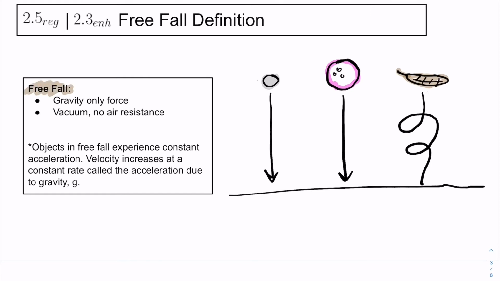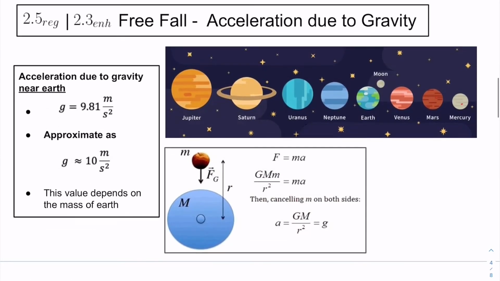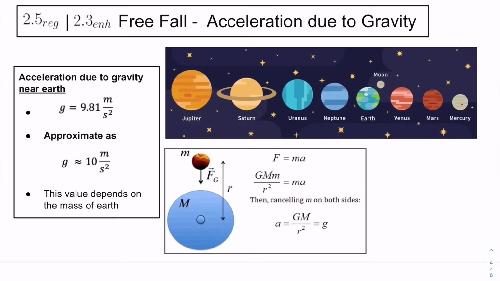Free fall is when we have gravity as the only force on the object, no air resistance whatsoever. Okay? Objects that are in free fall increase their velocity at a constant rate that we call the acceleration due to gravity, g. So what's that value? It turns out that the acceleration due to gravity depends on the mass of the Earth and doesn't depend on the mass of the object that's falling towards the Earth.